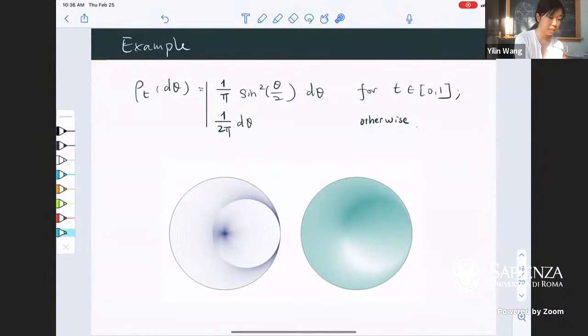It takes value sine squared theta over 2 for t belonging to [0,1]. So it takes 0 value at this point, and is positive elsewhere. And we decide to take the uniform measure for other t's. On the left-hand side, this is the foliation that you obtain.